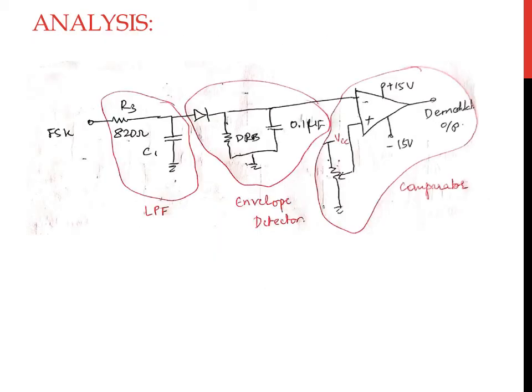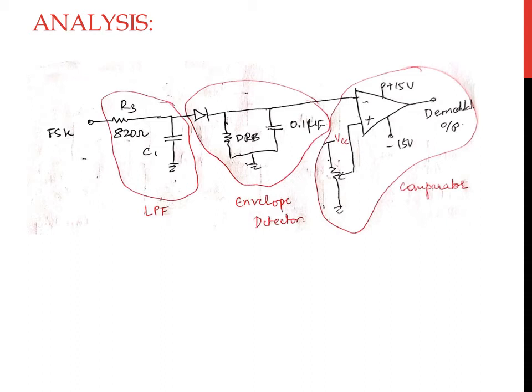Now coming to the analysis of the demodulation, we are going to provide the FSK output to the low pass filter, then to the envelope detector, and then to the comparator.